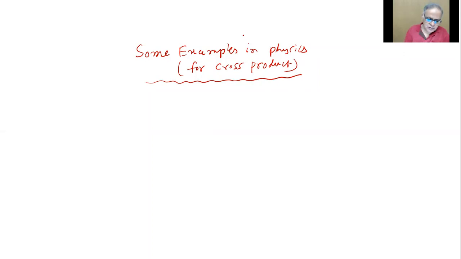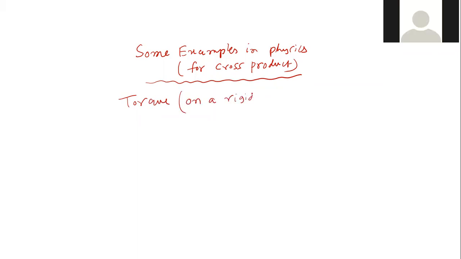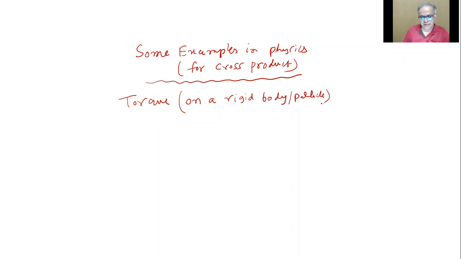So, torque on a body, on a rigid body. We say a rigid body is one where the distance between any 2 points will remain constant. Or even a particle also, not small mass particle.